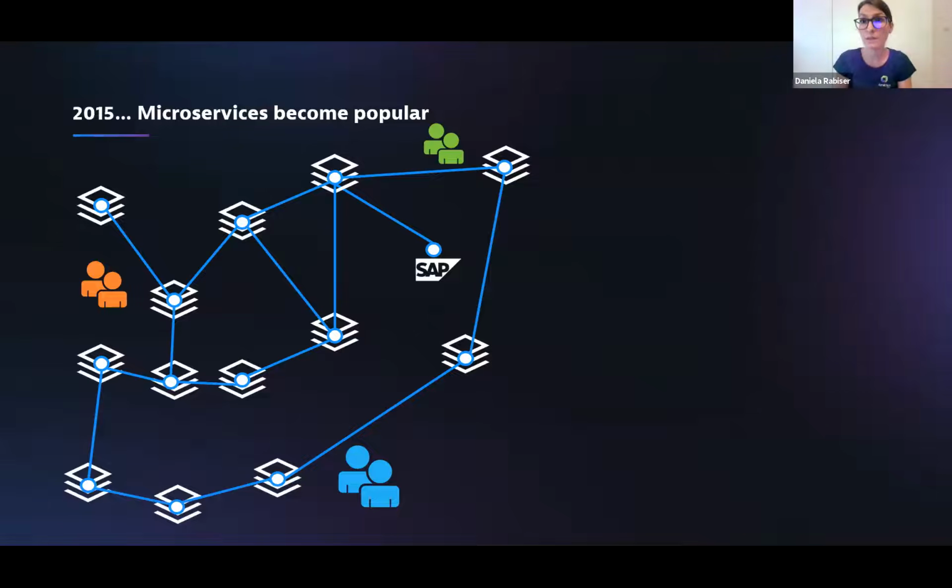Now, fast forward to 2015. In 2015, we've seen a shift. Developers started to split up their monoliths around capabilities to make them easier to handle and to reduce code complexity. Developers just didn't want to deal with monoliths and thousands of lines of code per application any longer.